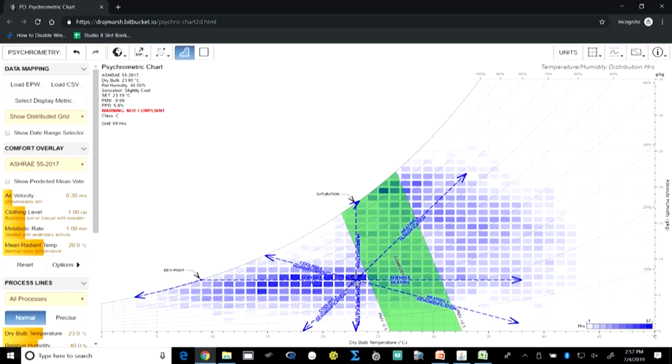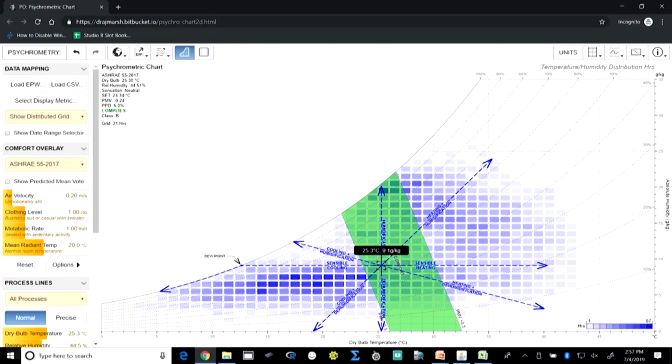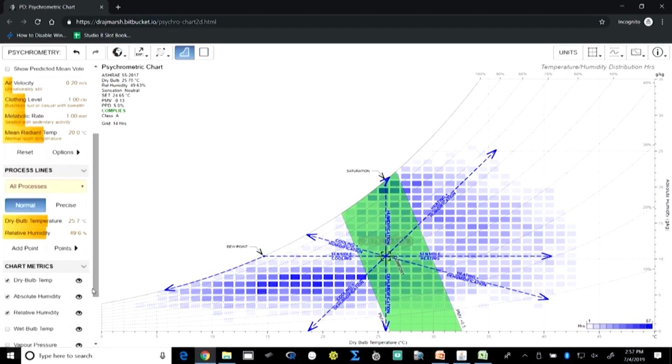Now, if I move this point, this is the point I want to understand. Suppose I am at a point which has a dry bulb temperature of 25.7 degrees centigrade and a relative humidity of around 50%. I know that I am in the comfort range.